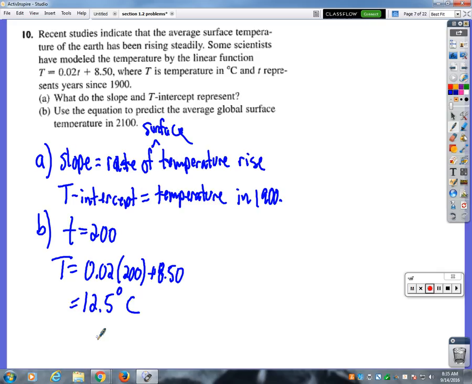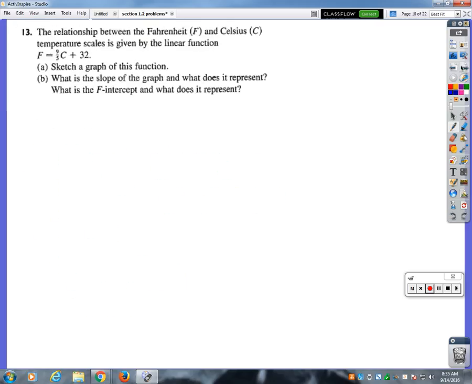Okay, 13, relationship between Fahrenheit and Celsius temperature. Sketch the graph of this function. What is the slope of the graph and what does it represent?